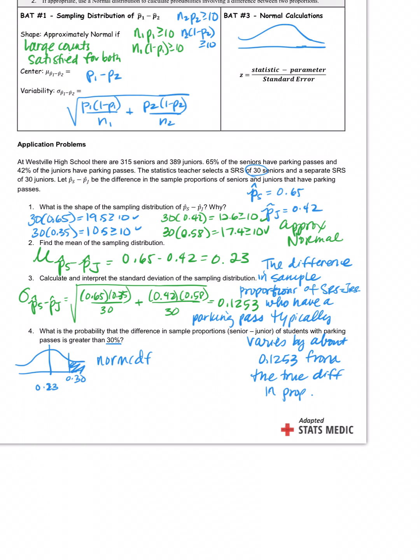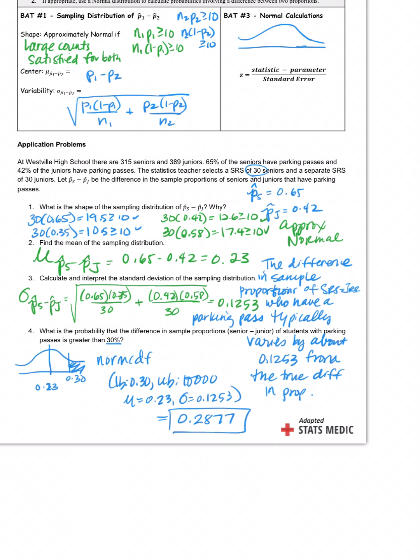Always label. 0.3. Upper boundary, something large. All right. The mean was the difference of 0.23 and the standard deviation of 0.1253. When I put that on my calculator, I get something along the lines of 0.2877.